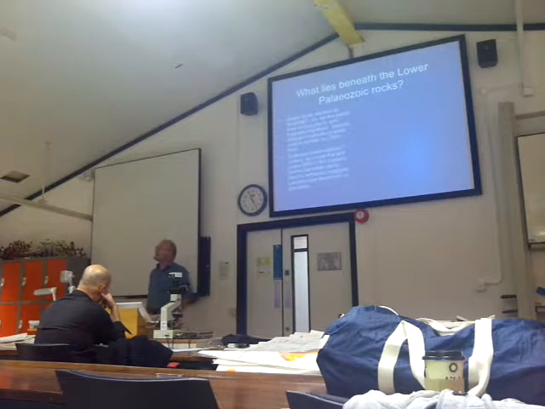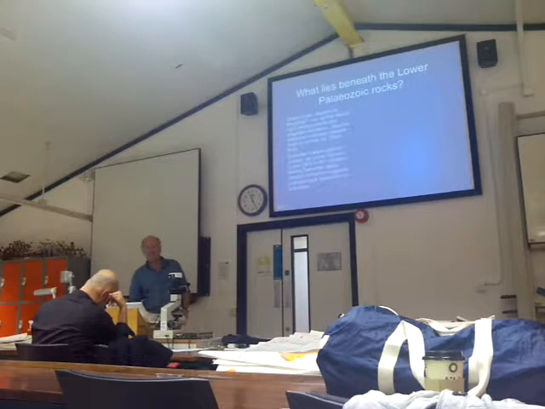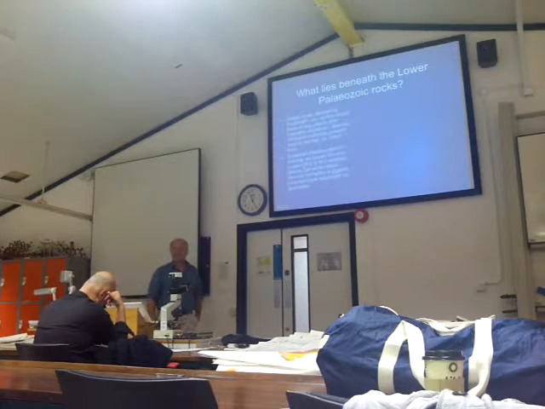Could it be Dalradian metamorphics? This seems unlikely because there seems to be very little in the way of Dalradian clasts within the lower Old Red Sandstone and lower Paleozoic of the Midland Valley. Seismic refractions suggest that we have a basement that is like the Lewisian, a granulite facies basement.